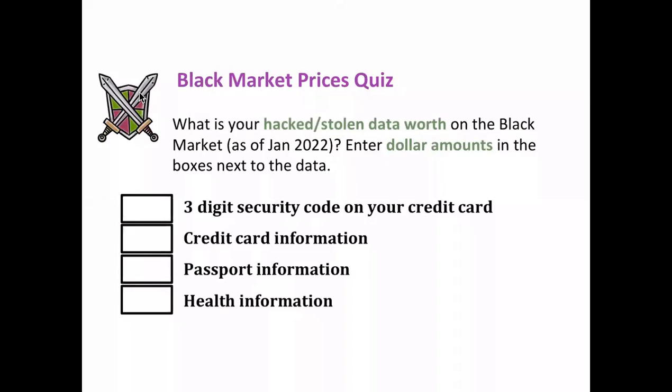So in general, we can say, if you search the dark net and find out for a common person how much money these criminals are ready to give for each of these, like the 3-digit CVV number, credit card information, passport information, health information. Any guess? CVV of your credit card?